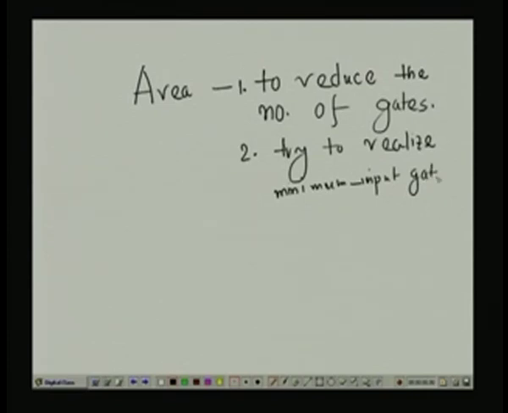That means if a 4 input XOR is needed, then we will use three 2 input XORs. And another is the power.